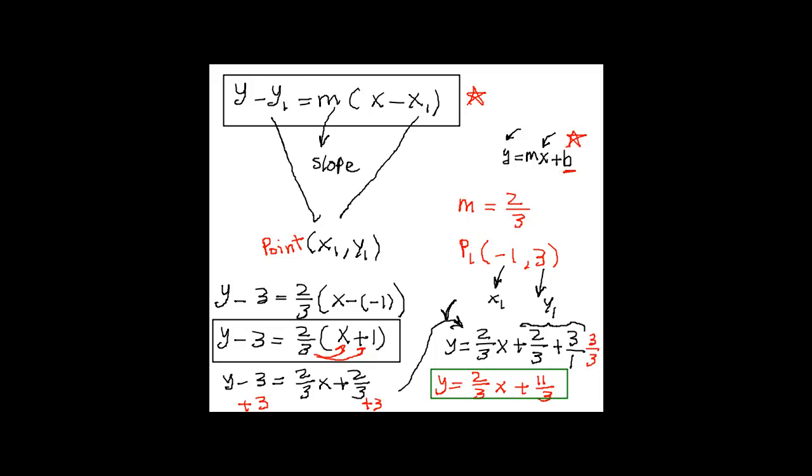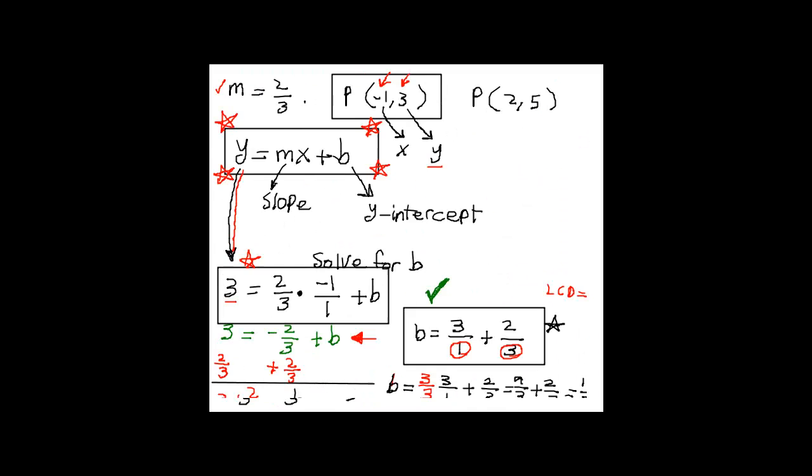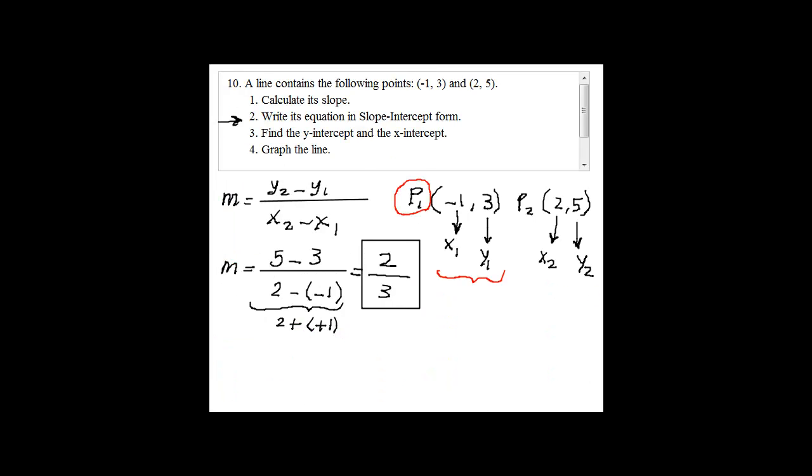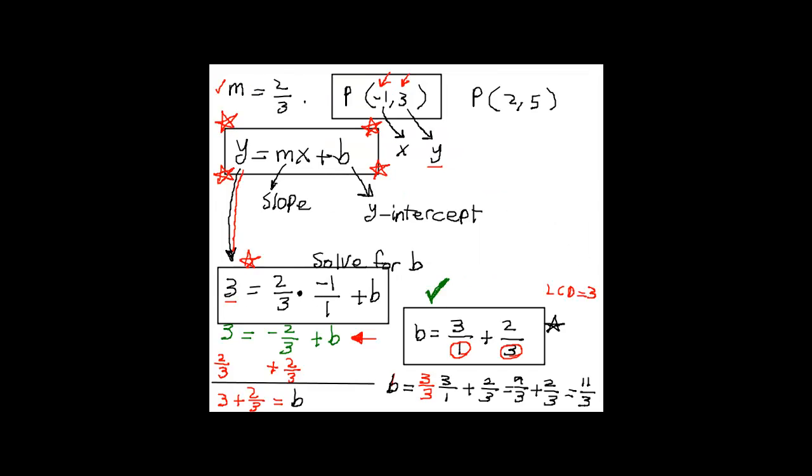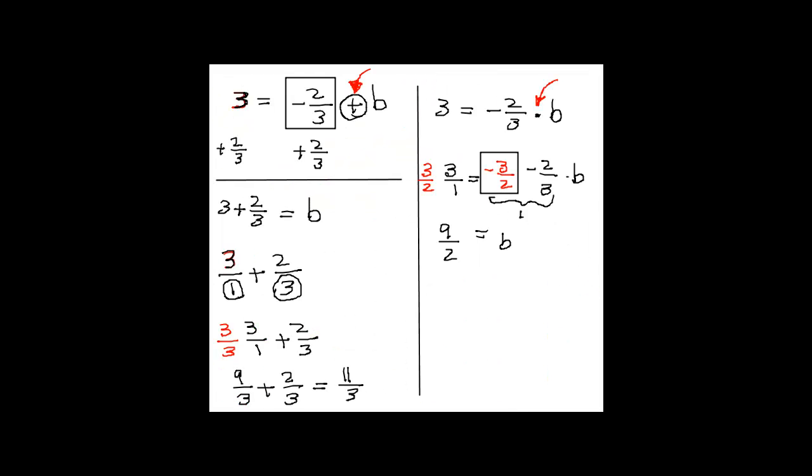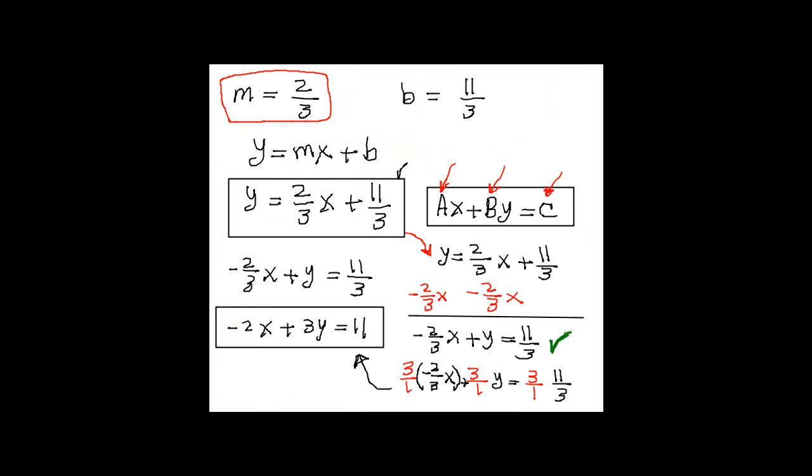All right, so going back to this question, we find the equation of the line in slope-intercept form, and they're asking to find the X and Y intercept. To find the X and Y intercept, you need to let X equal to 0, solve for Y, let Y equal to 0, solve for X, and from there you can find the X and Y intercept.